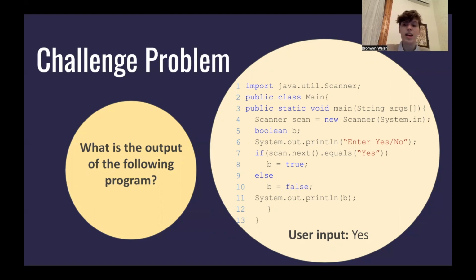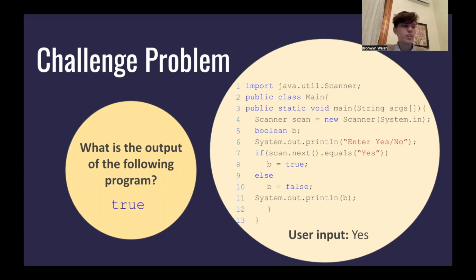In the if statement, the scanner scans the user input and analyzes it. If the value is yes, B is assigned true, else it is assigned false. Then B is printed. So we are told that the user input is yes. So go ahead and try this problem. Make your guess. You can pause the video here.